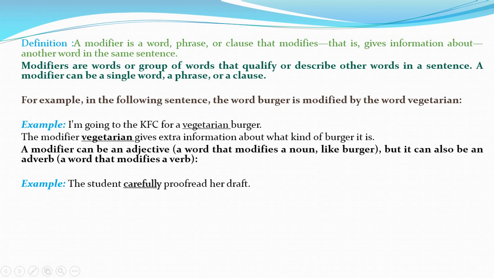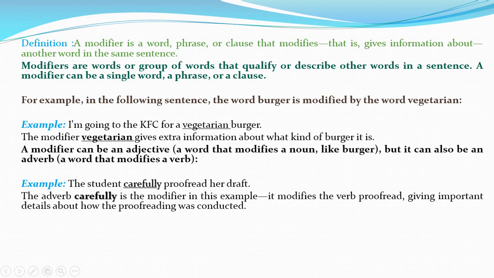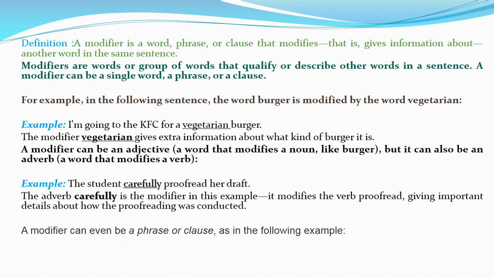The student carefully proofread her draft. Here, carefully is a modifier. The adverb carefully is the modifier in this example. It modifies the verb proofread, giving important details about how the proofreading was conducted.